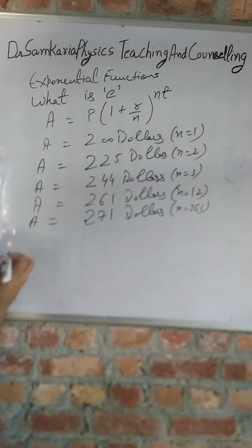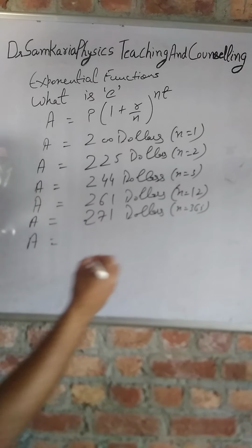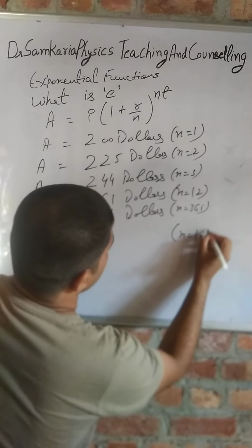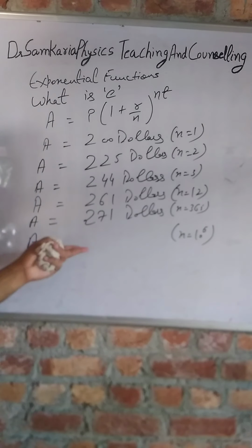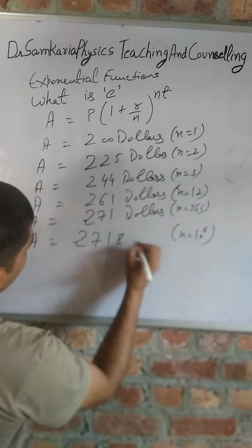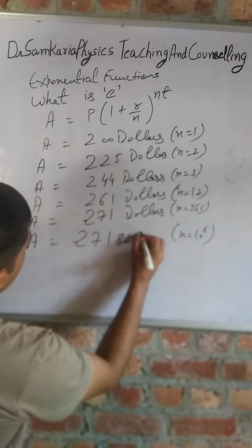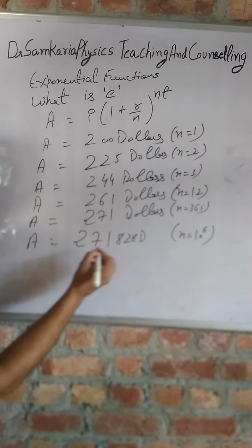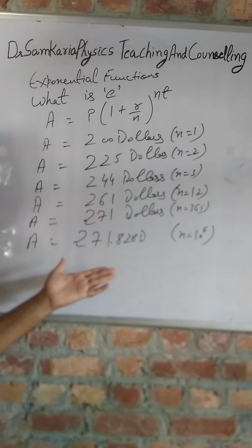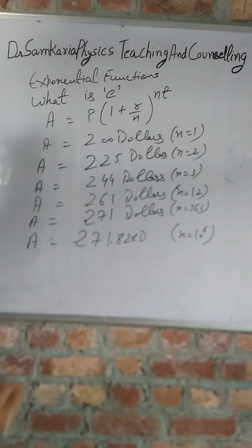And suppose you have n is equal to 1 million, that is n is equal to 10 to the power 6. You will find that this will converge to $271.828.